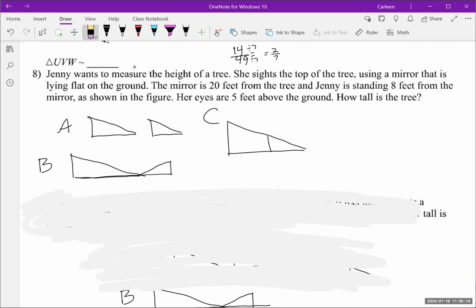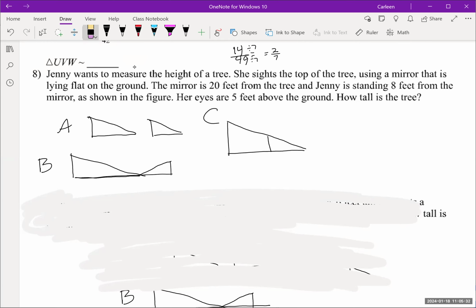This is the hardest right now. Which diagram? Is it A, is it B, or is it C? Okay, Jenny wants to measure the height of a tree. She sights the top of the tree using a mirror lying flat on the ground.